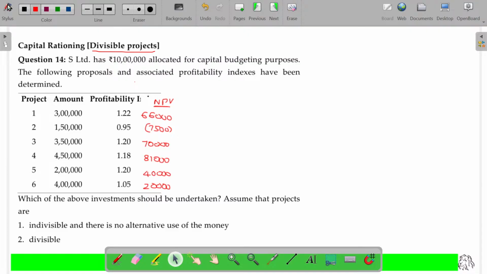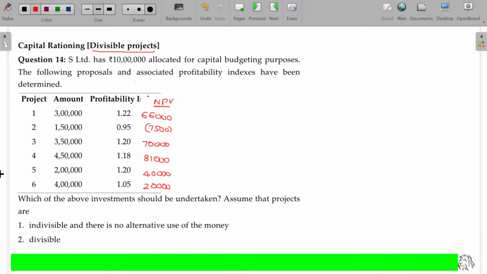So we got the NPV. Now we have to take lots of combinations. Combination 1: I have to start from project 1. Project 1 and project 2, 3 plus 1.5 lakhs, 4.5 lakhs. Project 3, 4.5 lakhs plus 3.5 lakhs, 8 lakhs.